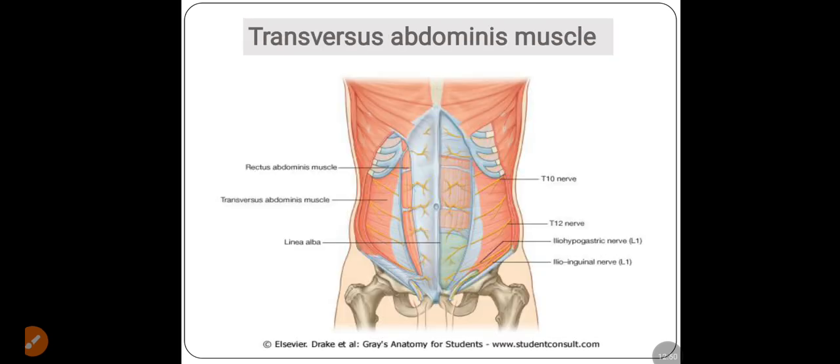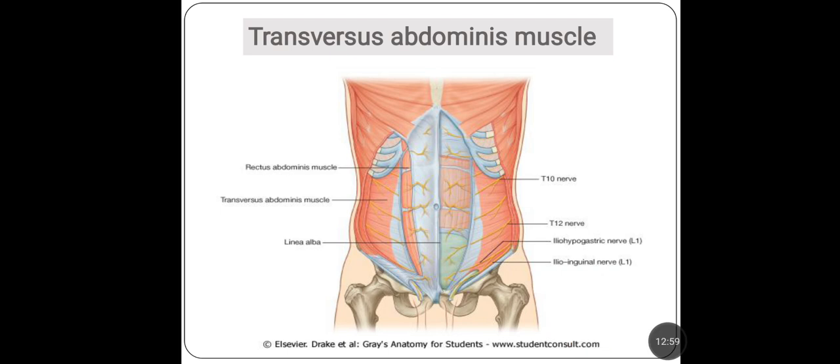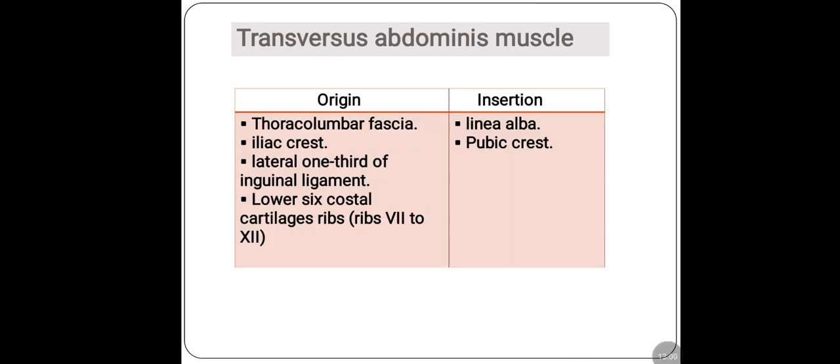The transversus abdominis, like the internal oblique, originates inferiorly from the iliac crest, inguinal ligament, from the lumbar fascia, and the last 6 costal cartilages. From the ribs number 7 to 12, from the costal cartilage from 7 to 12.